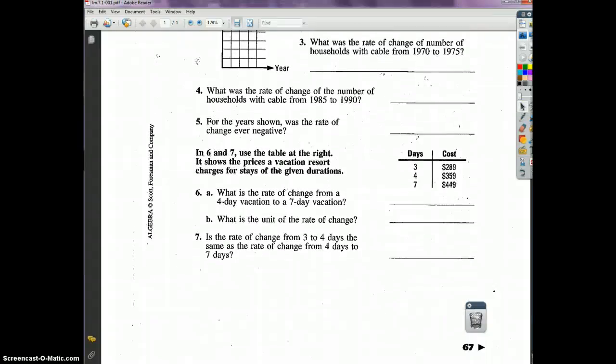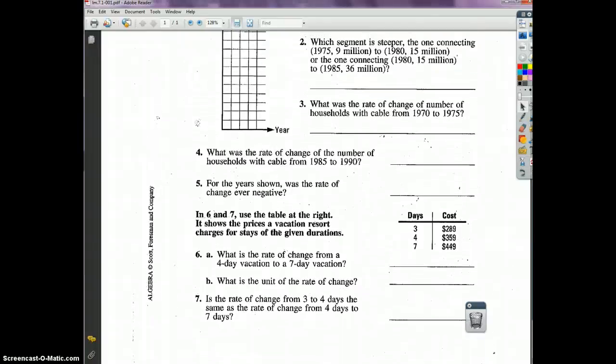Scrolling down. What was the rate of change of the number of households with cable from 1985 to 1990? It's the same exact thing.